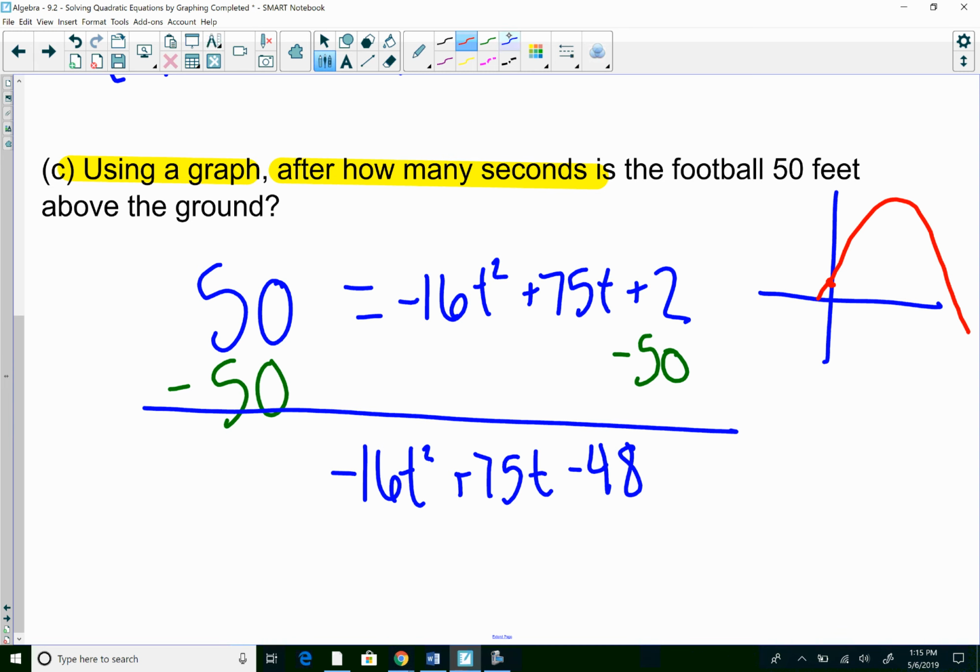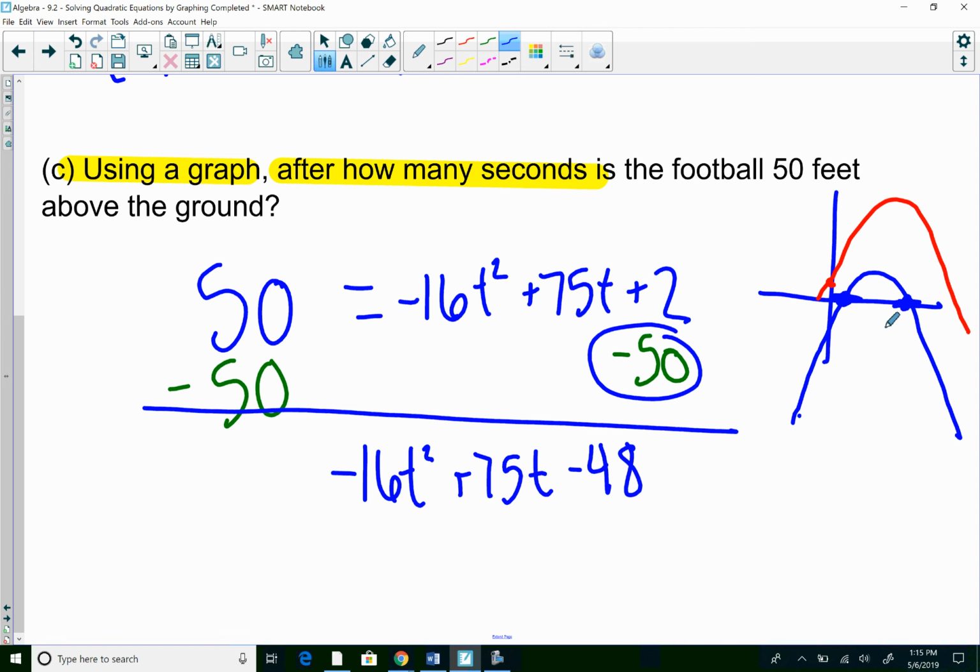But what they did is they took this entire graph and moved it down 50 units, so that you're only looking at the points where this ball is above 50. Their goal is to have you figure out where the ball is above 50, and where it crosses 50 again for this second one here.